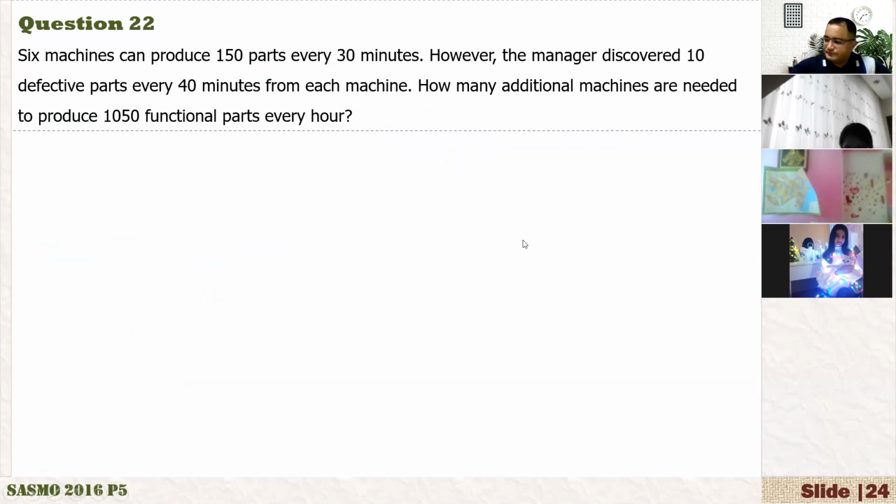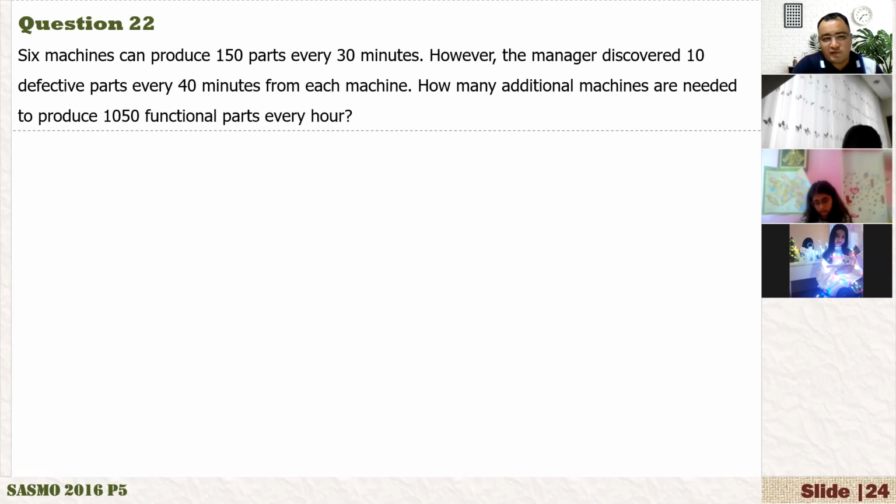Elmira, read the question. 6 machines can produce 150 parts every 30 minutes. However, the manager discovered 10 defective parts every 40 minutes from each machine. How many additional machines are needed to produce 1050 functional parts every hour?